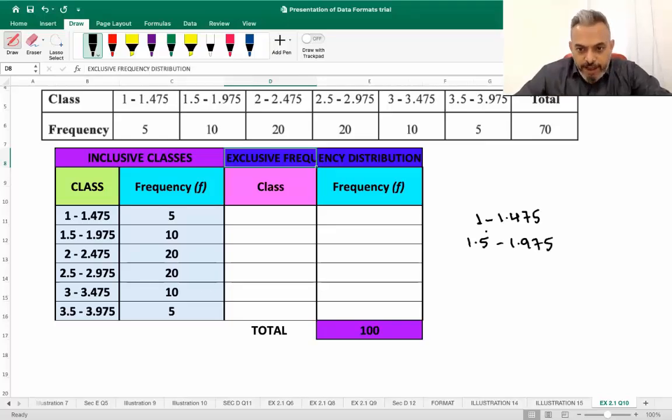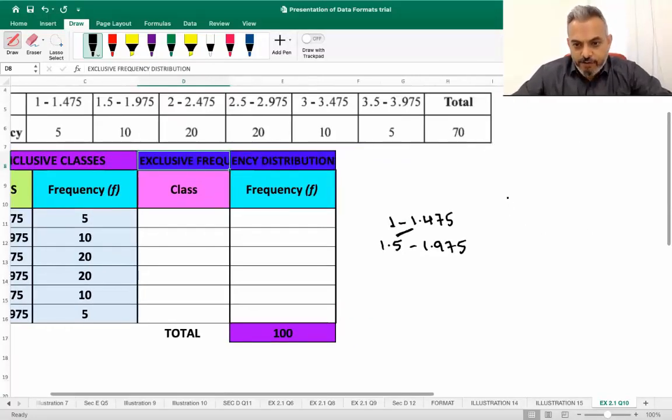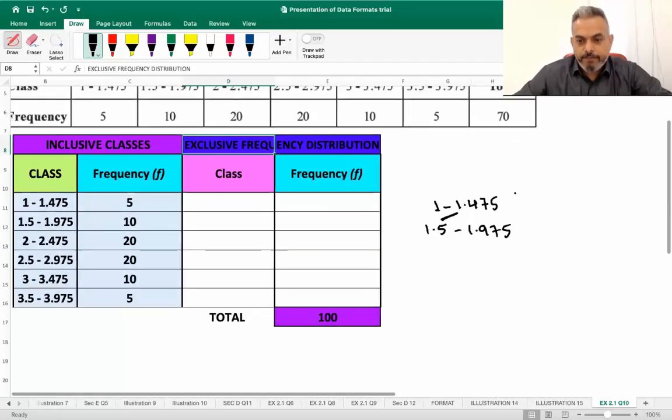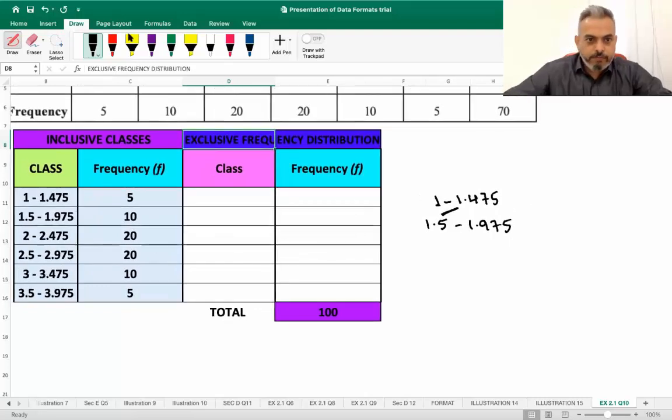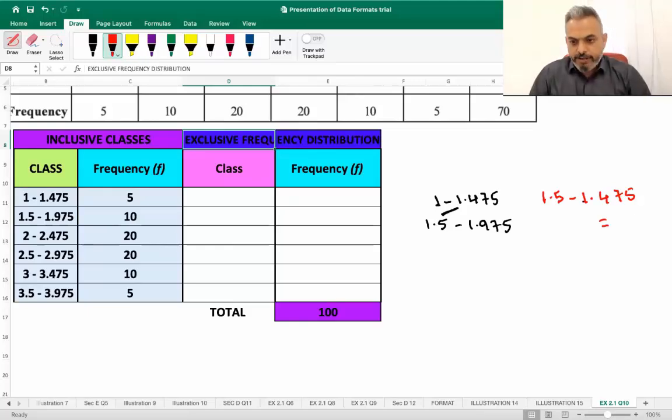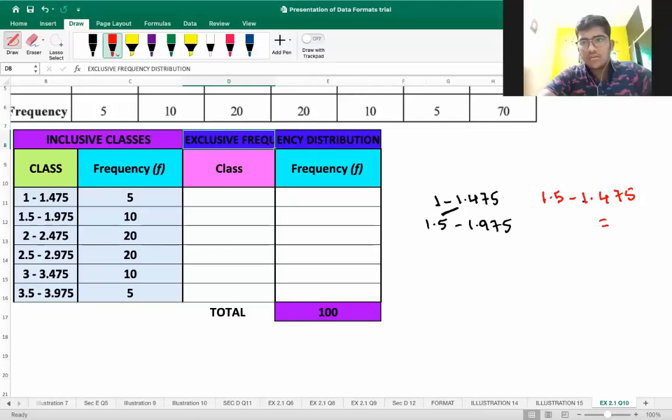So now we have to see the difference between these two, 1.5 minus 1.475. Take a calculator and do it on calculator only, which is equal to 0.025.